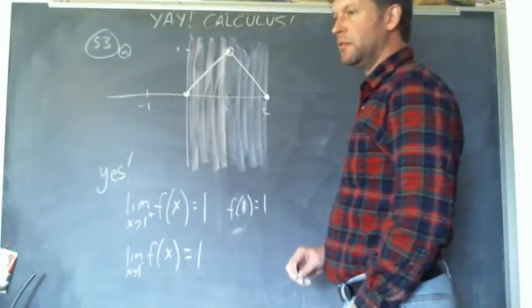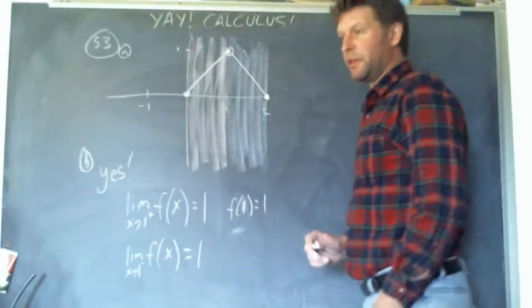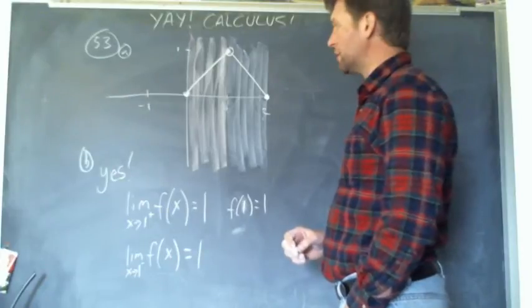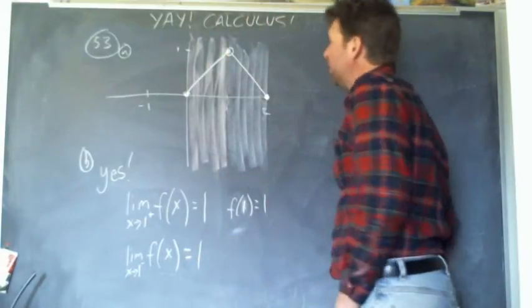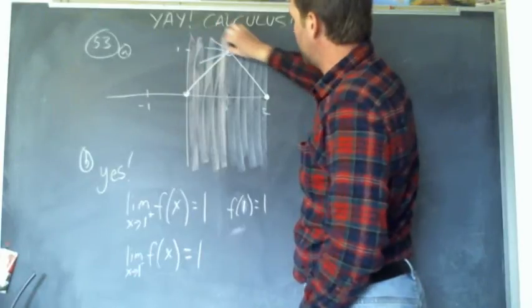And B, let's see. Well, A, there's the graph. B, our continuity criteria are done. Is it differentiable at x equals 0? No. Is it differentiable at x equals 1? We know it isn't because it's a point. We'd have several tangent lines at that point.